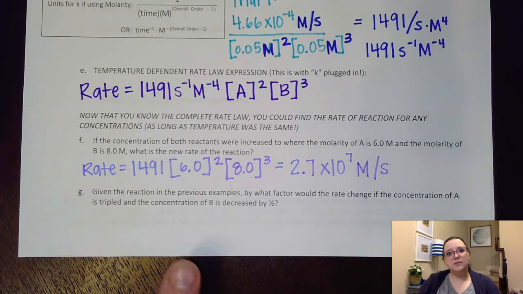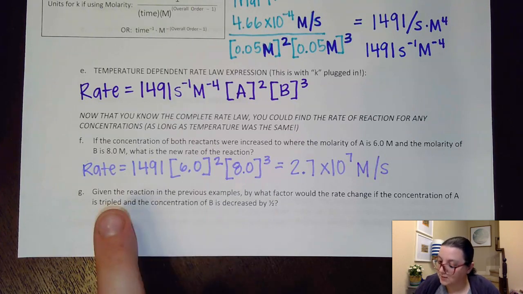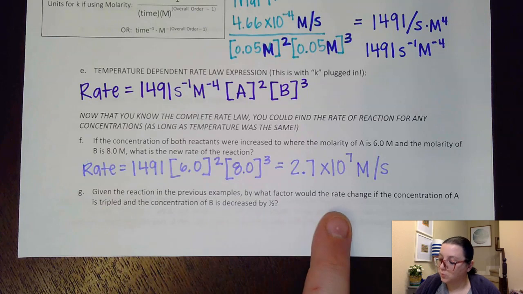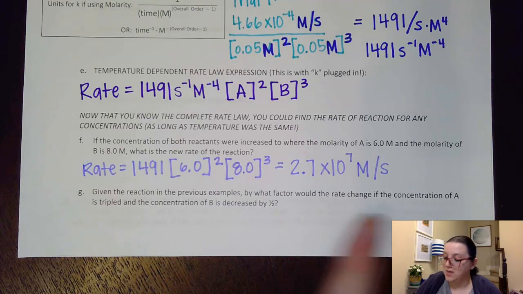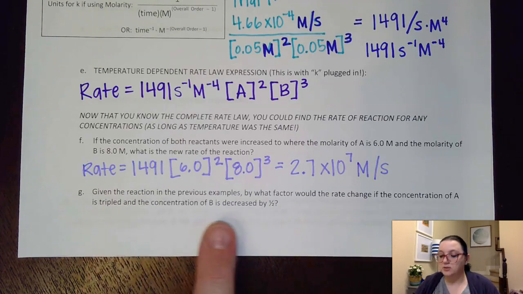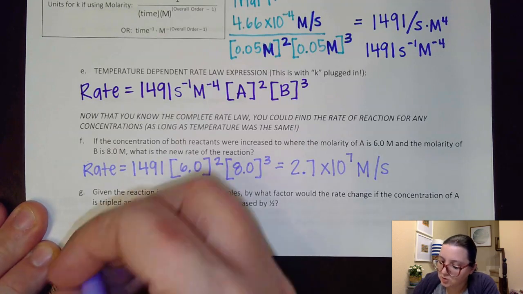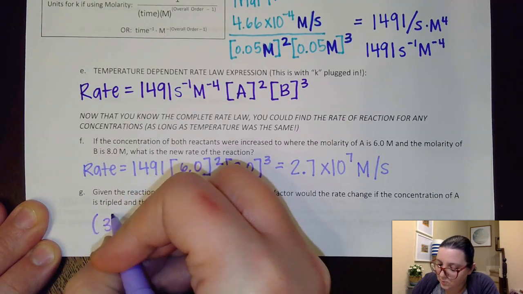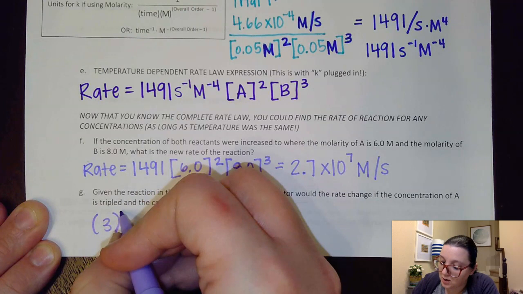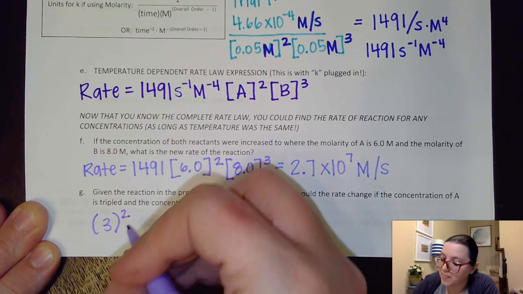Last but not least, this is a throwback to something we talked about the other day. It says, given the reaction in the previous examples, by what factor would the rate change if concentration of A is tripled and B is decreased by 1/2? So this is kind of doing what we did the other class where we say, if A is tripled, tripling A would get raised to an exponent of 2, an order of 2.